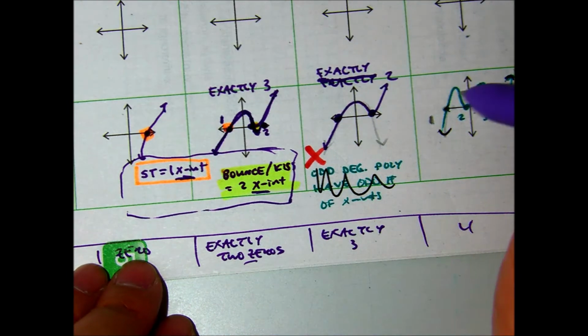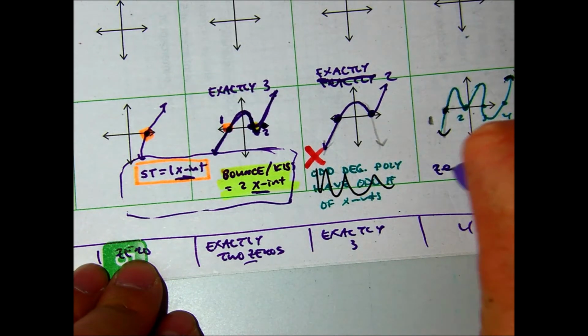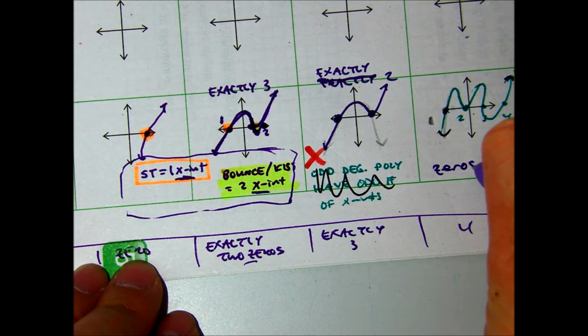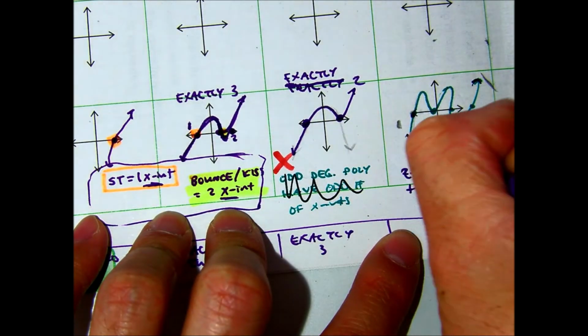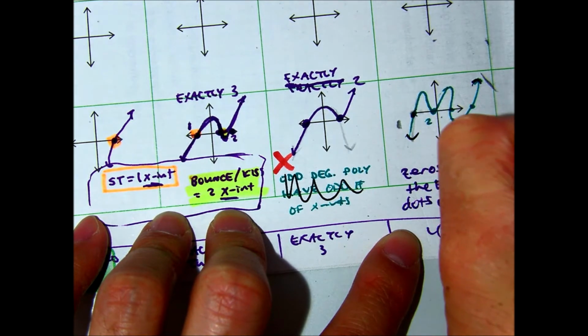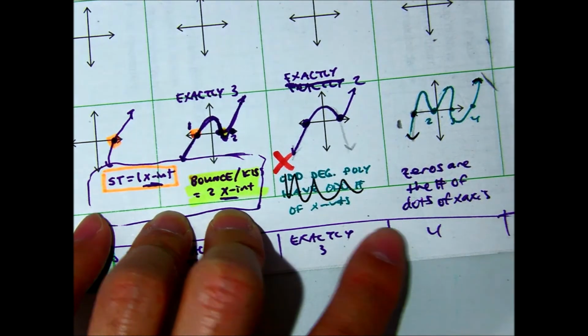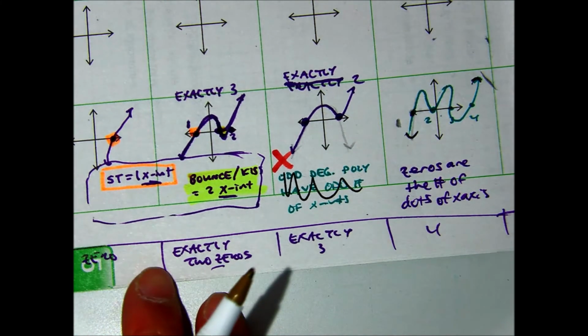So everyone say dots. The zeros are the dots. Let's write that. Zeros are the number of dots on the x-axis. So if I had to summarize it in super friendly words, that's what it would be.